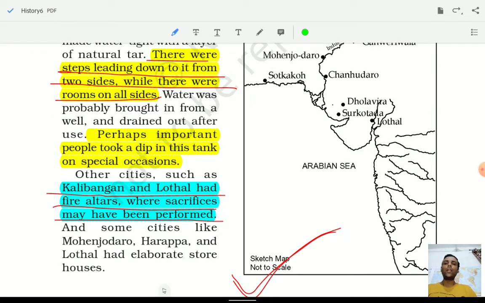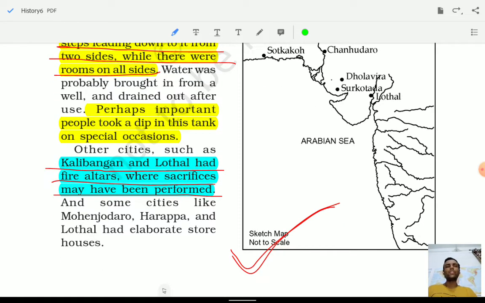Perhaps the important people took a dip in this tank on special occasions. We cannot certainly say why exactly these things were there, but the smarter guess would be that it might have been for the important people, for ritual purposes, or for special occasions, right? We cannot certainly say what the purpose was. So an important site is Mohenjo-daro.